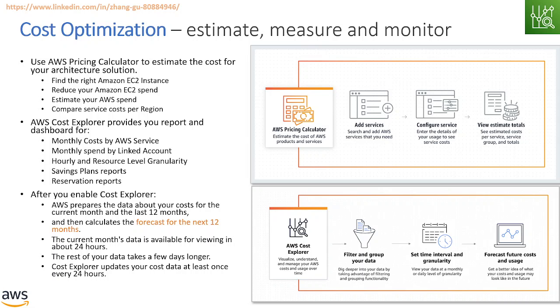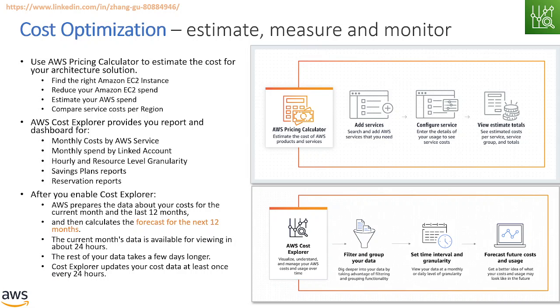AWS provides cost control tools for you. For estimation, you can use the Pricing Calculator to create cost estimations that match your use cases. It enables you to plan costs and usage for a new scenario or determine the cost of using a new set of services, cloud instances, and pricing models.